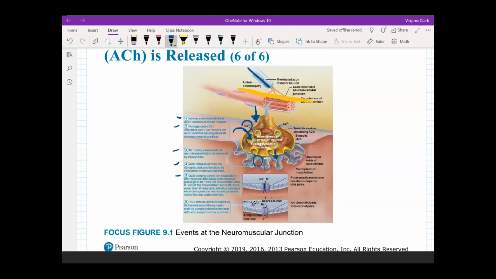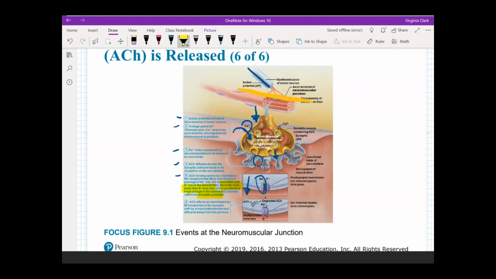ACH will open sodium channels that will allow sodium to enter the cell. Sodium will go in. You will have some potassium going out, but what I want you to focus on here is that more sodium ions will enter. So we're going to focus on sodium. As the sodium enters the cell, it will essentially cause an end plate potential.